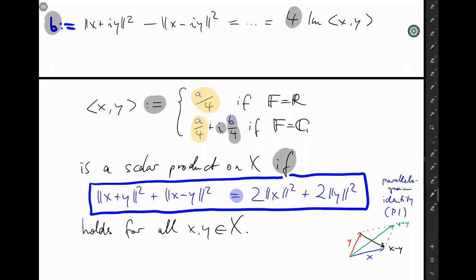This is not easy to see. We didn't show this yet. This is in fact its own theorem, and we will not give the proof here. So the proof consists in checking whether this expression here is subject to our properties S1 to S4 of the scalar product. And we didn't do that, but it's possible to do.